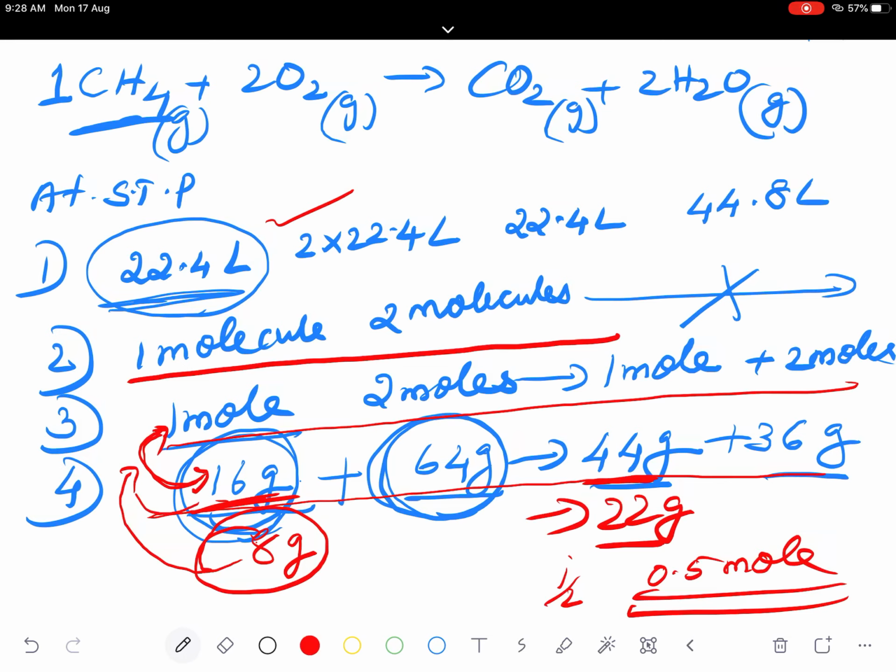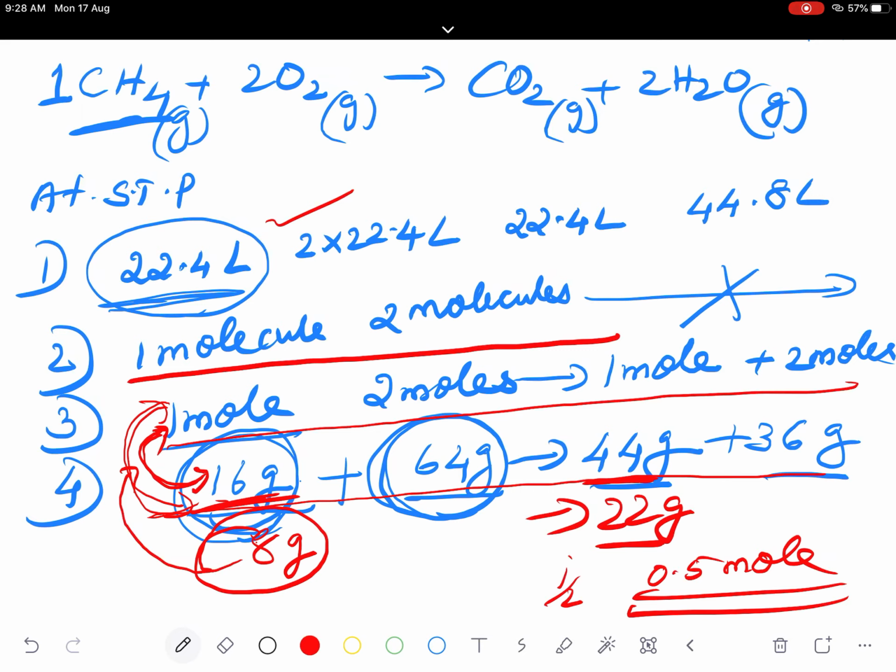You can convert weight into moles and moles into weight, that we have already learnt. In this particular question, once again I am reading the question: how many moles of methane are required to produce 22 grams of carbon dioxide after combustion? First of all, you have to write a balanced chemical equation, and you can write all 4 pieces of information, no problem. But here the question is between weight and moles.